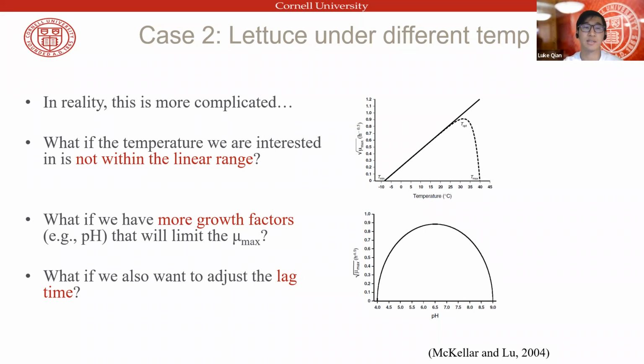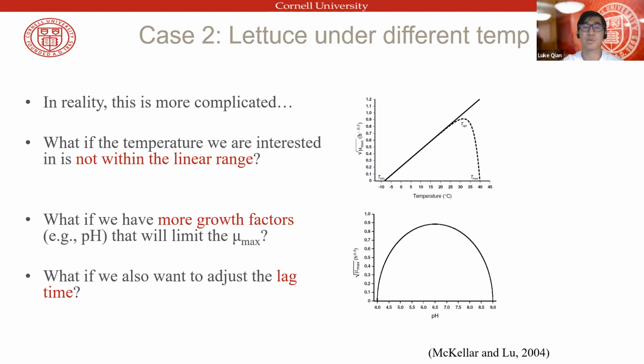However, there are examples where the temperature is beyond the linear range. For example, if we want to know the growth rates over 30 degrees C, which is the optimal temperature, the growth rate will actually drop. So our linear prediction will not be reliable.